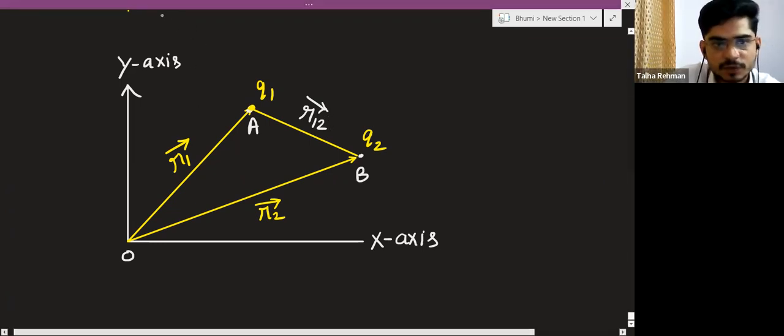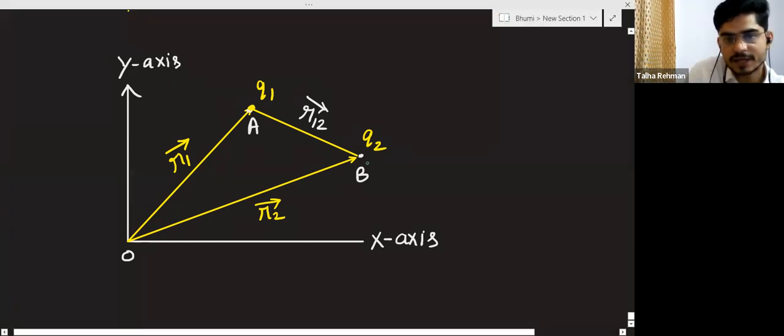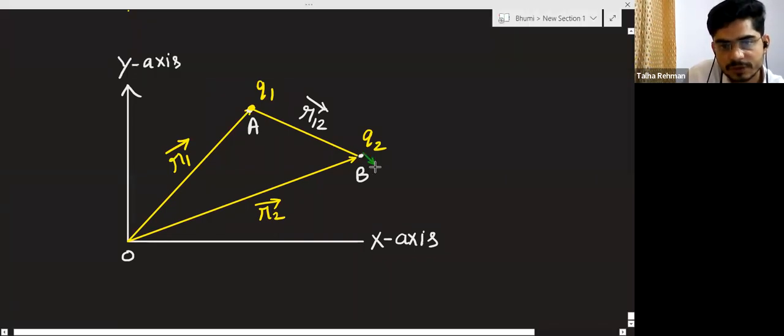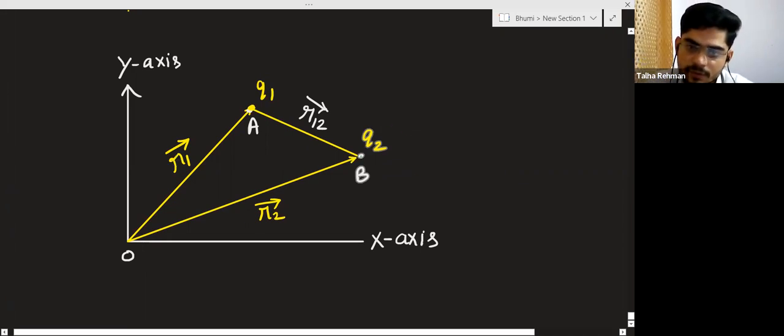And if I am supposing these charges are positive charges, then the direction of force will be in this direction. There is some force of interaction, and this is the direction of the force of interaction.